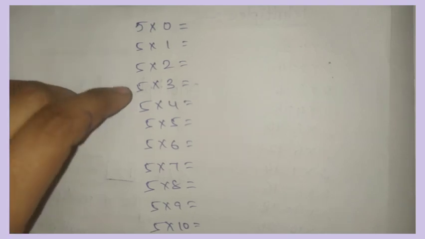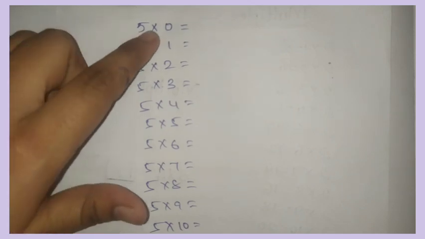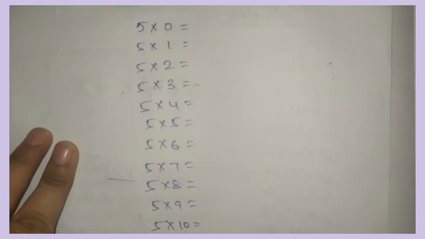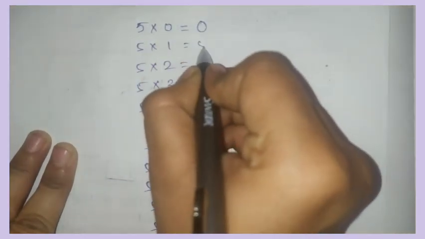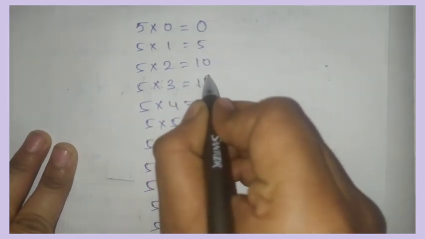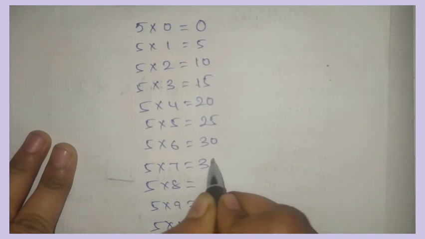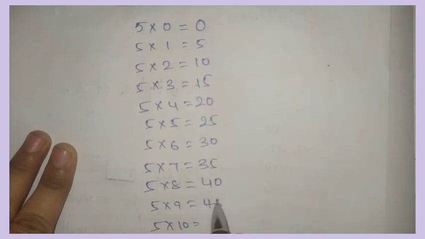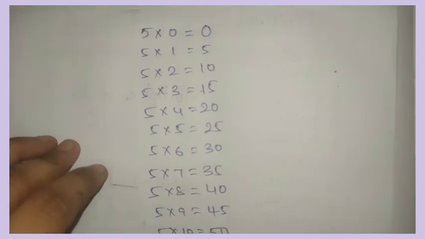Let us multiply 5 with a few numbers. 5 multiplied by 0, 5 multiplied by 1, up to 5 multiplied by 10. This gives 0, 5, 10, 15, 20, 25, 30, 35, 40, 45, 50, and so on.